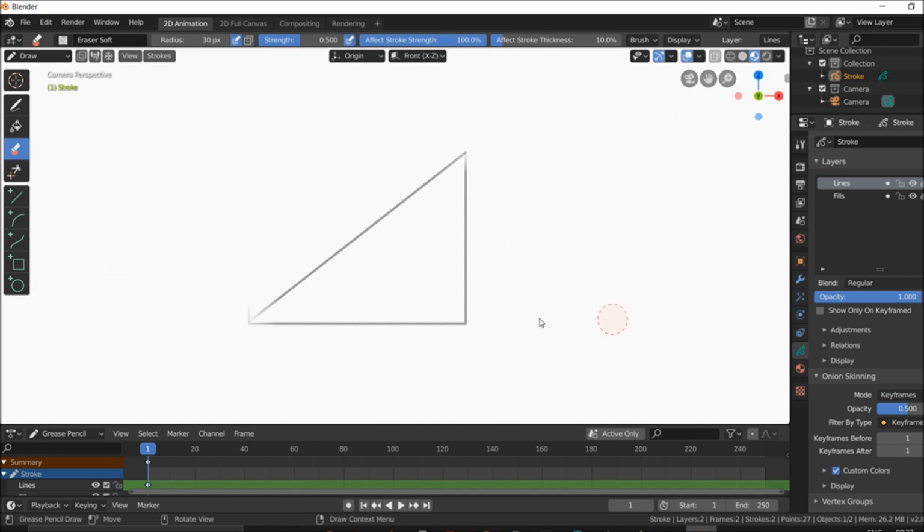Suppose this is the height of my tower, and this is our angle. Suppose I am considering this as 60 degrees.